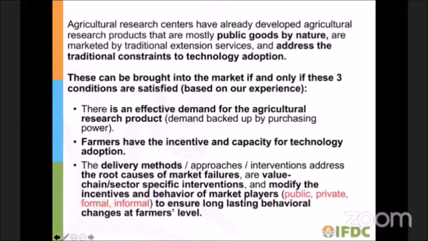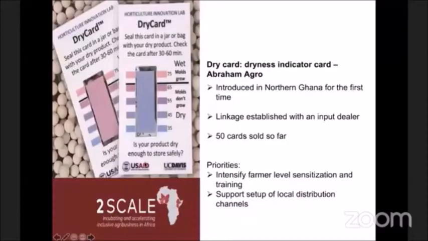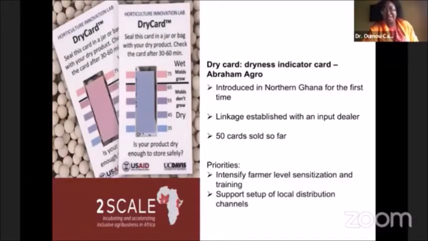Okay, sorry. So as an example, this is a dryness indicator card that was produced by the Horticulture Innovation Lab. This was introduced in Northern Ghana, and this card is basically used to check the dryness of the product.